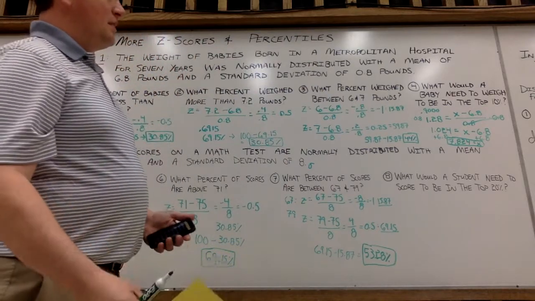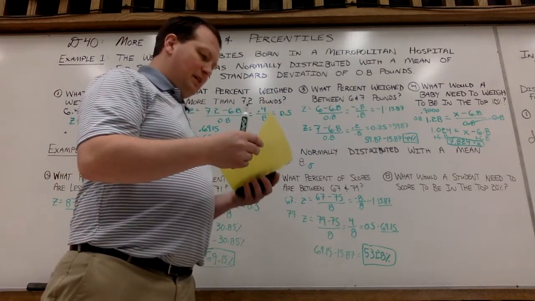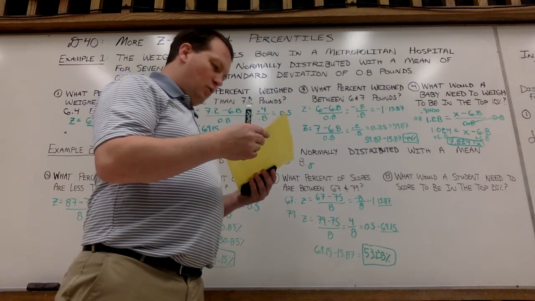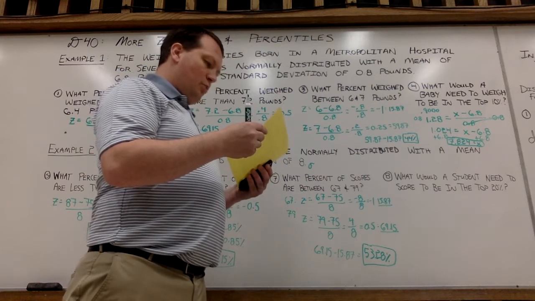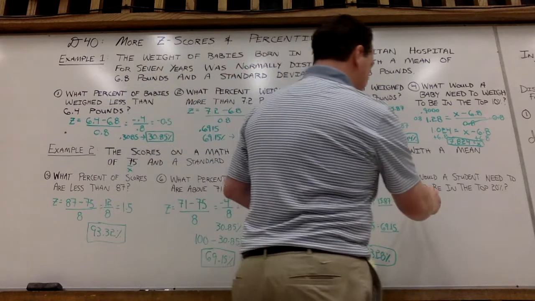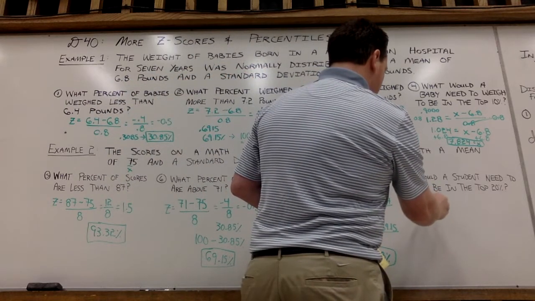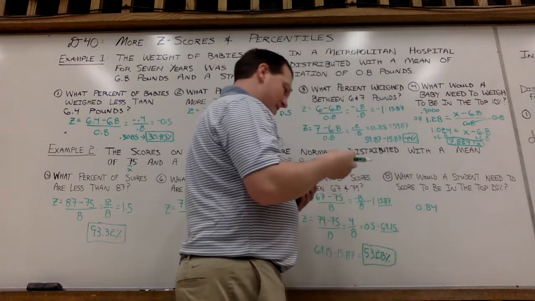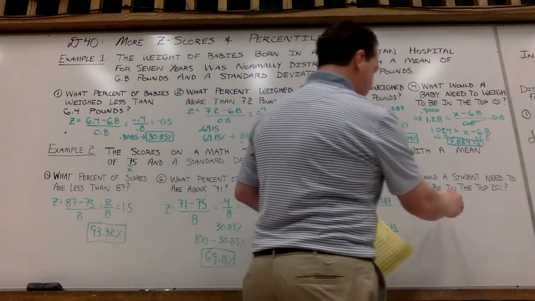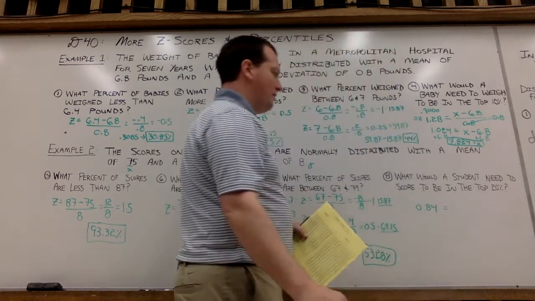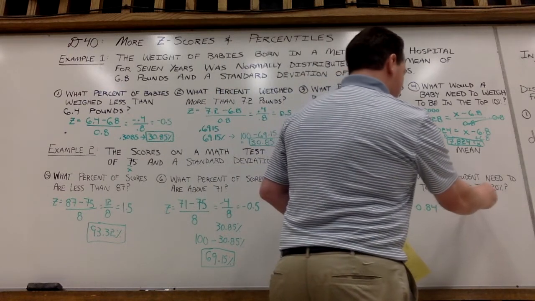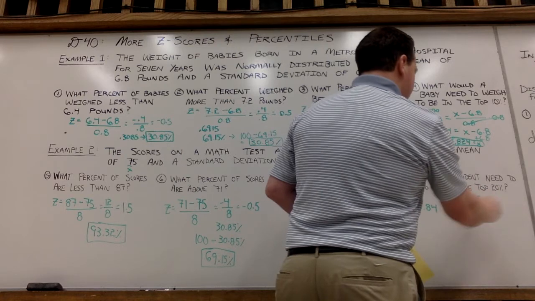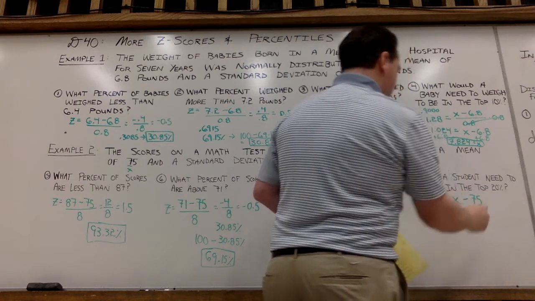And then finally, to be in the top 20%, you'd need to be at the 80th percentile or above, and our closest value is 0.7997. So I'd need a z-score of 0.84. That would help me find the observation minus the mean of 75 divided by a standard deviation of 8.